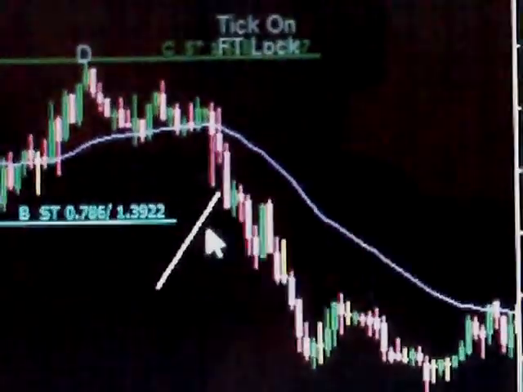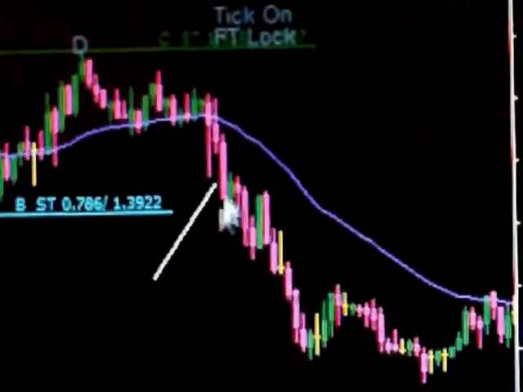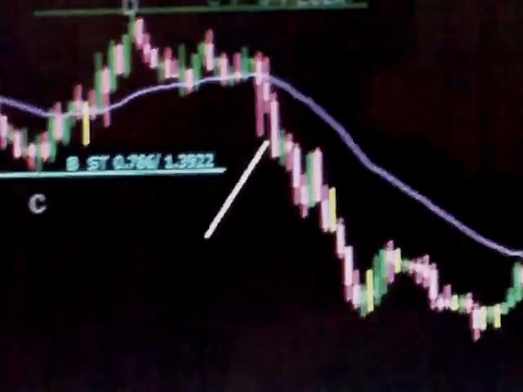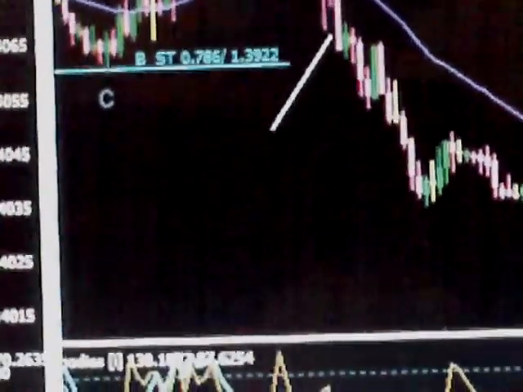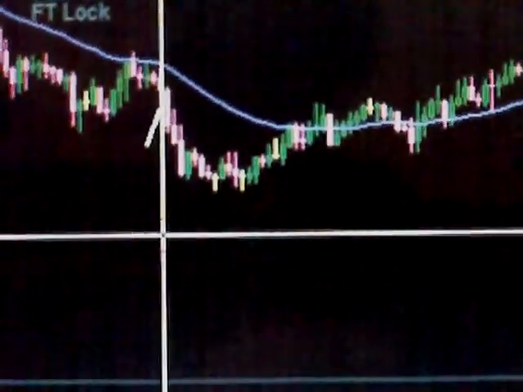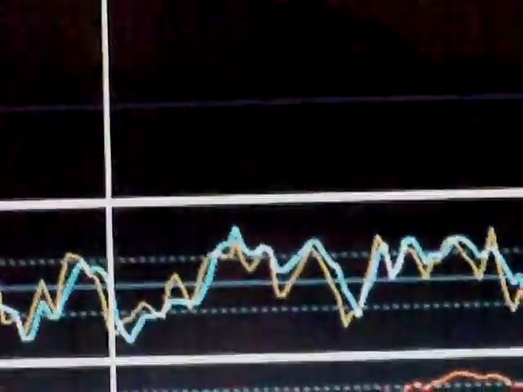And this white line is where multiple time frame triggers happened. So let's go back to the 1 hour chart and see there's the white line. Here's A, B, C, D, and there's the trigger on the 1 hour chart.